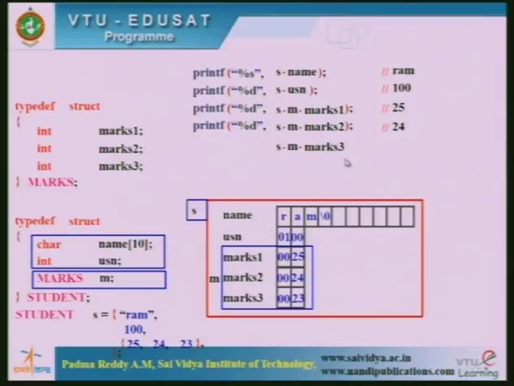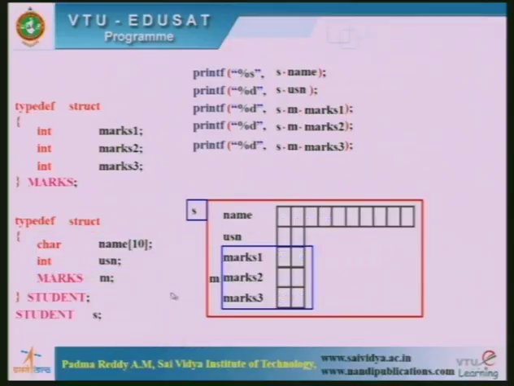Similarly, s dot m dot marks 3 means what do I get? 23. That 23 I should display. So for that I will be using the printf statement. So what is the output we get here? 23. So this is how the data can be read from the structure and displayed onto the screen as shown here.